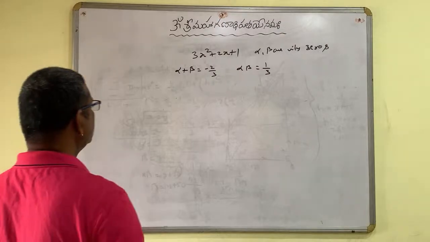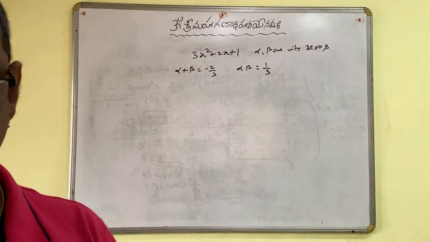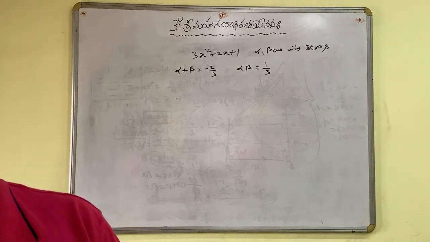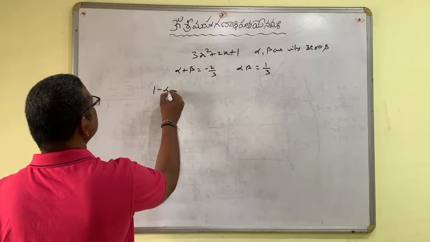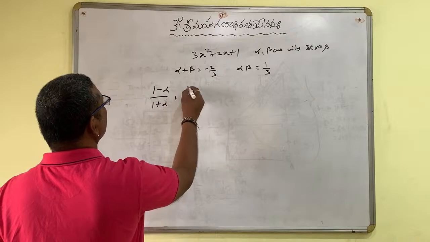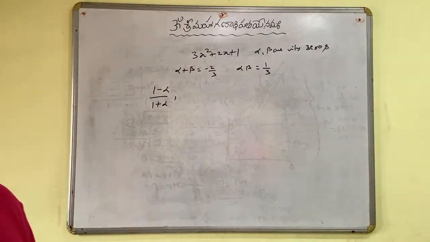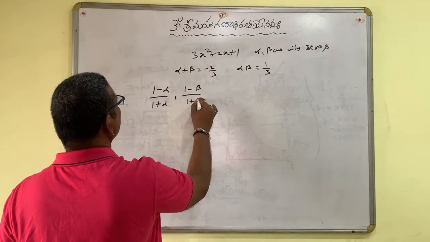Now, he is asking to find the polynomial whose zeros are 1 minus alpha by 1 plus alpha, comma, 1 minus beta by 1 plus beta.